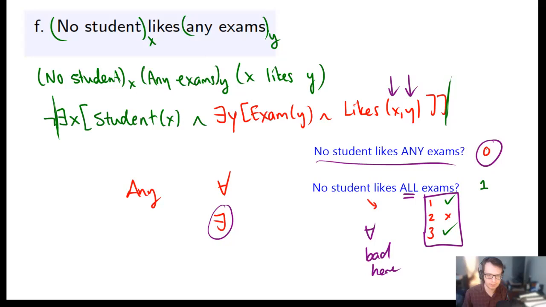Sorry, go ahead. Sorry, can you put the bracket between student and exam instead of student and, can you shift around? Sorry, the brackets. You can flip the order of the student and the exam. I'm just putting the brackets here for scope purposes.